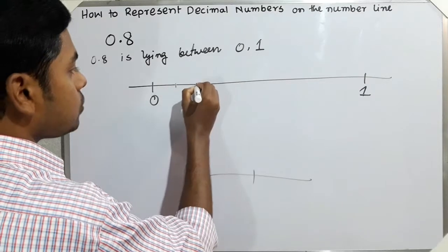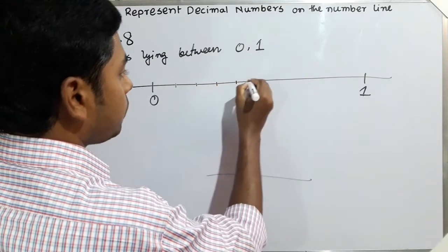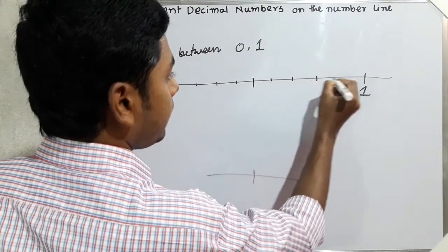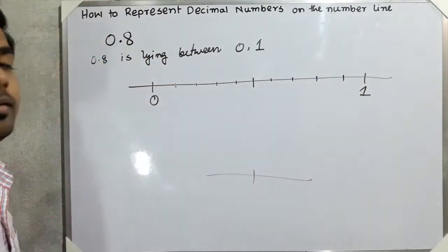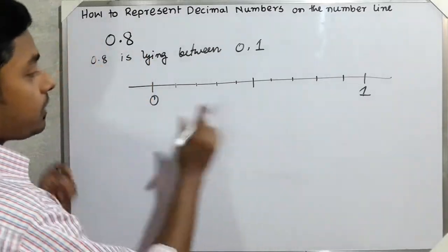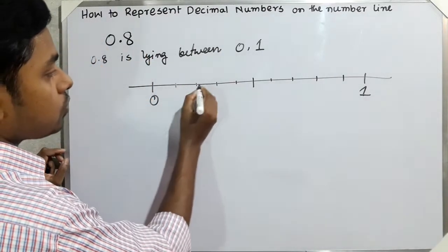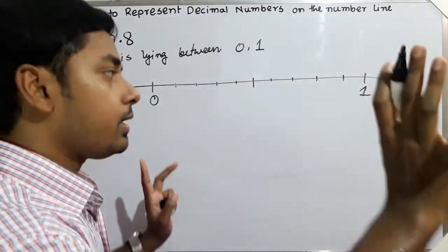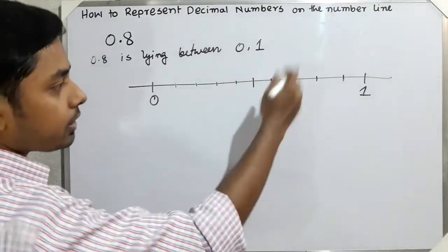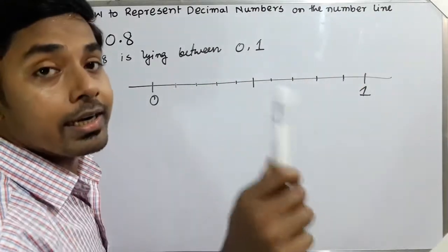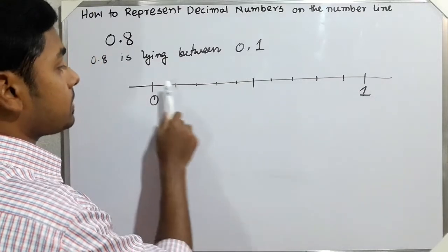Suppose 1, 2, 3, 4, and this is 5, 6, 7, 8 and 9. Clear? So you can see 1, 2, 3, 4, 5, 6, 7, 8, 9 times we have cut. And after cutting 9 times, you can see you have got 10 pieces.